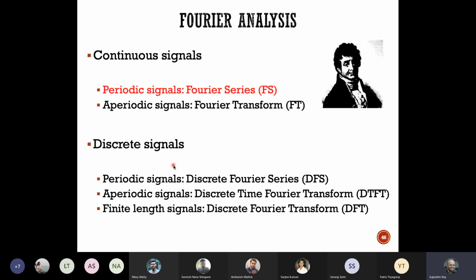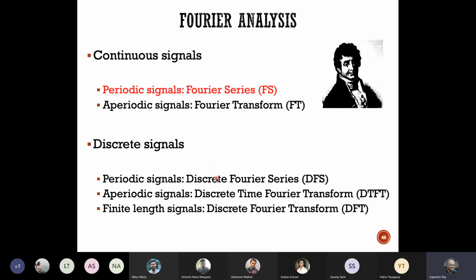Now the question is, can I always decompose any signal as a bunch of exponentials? The answer, surprisingly, is that in most cases it is yes. The form changes a little depending on whether the signal is periodic or aperiodic, and whether it is discrete or continuous.